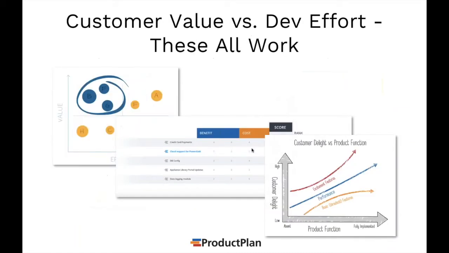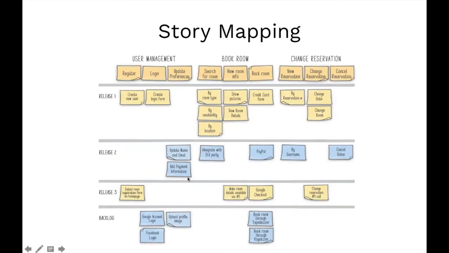But I do want to make this point here, that these other methods that I've talked about, whether it's the Kano model or a subjective scoring model or objective scoring model, all of those methods will work for prioritizing the backlog. But I'm going to talk about three other methods that you can use.